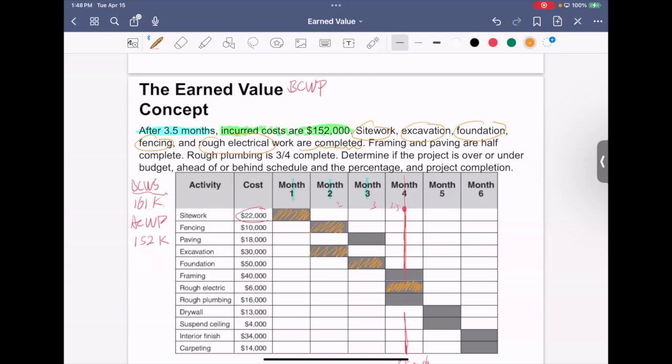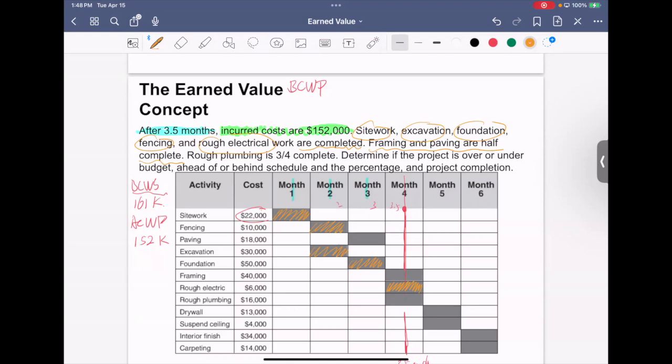Does that make sense? It doesn't matter what your schedule looks like, you have these completed, right? You may work ahead, you may work delayed. Some of them look like they are delayed, okay? And the framing and paving are half completed. Where is the framing?